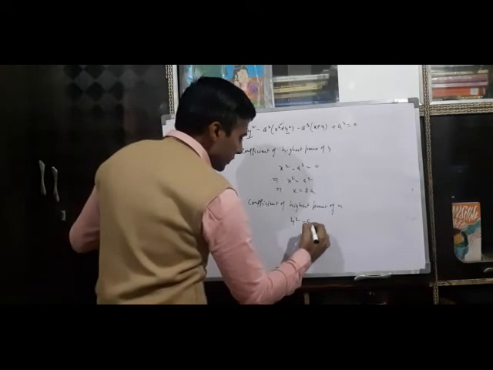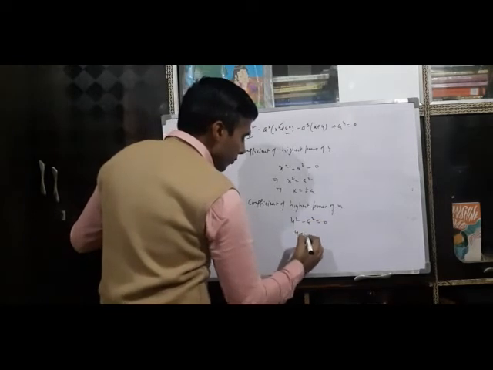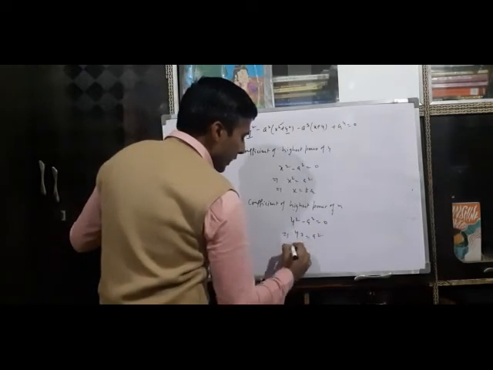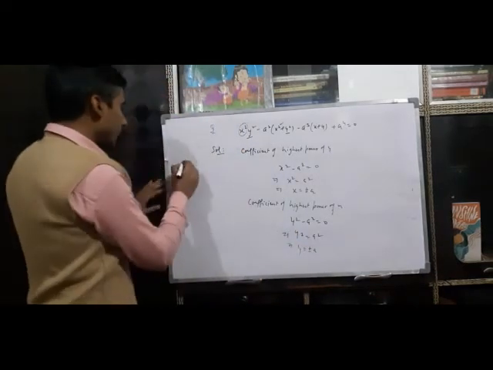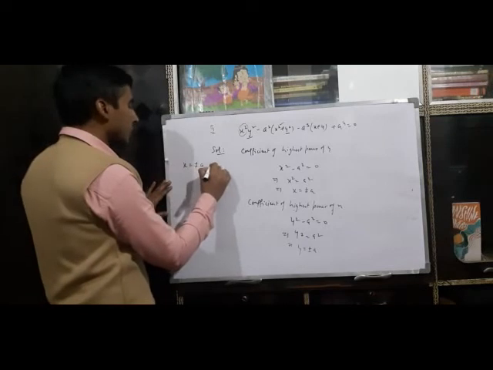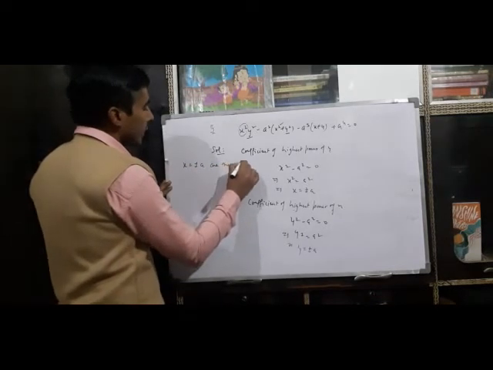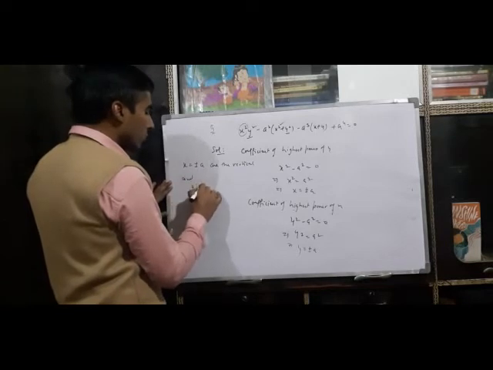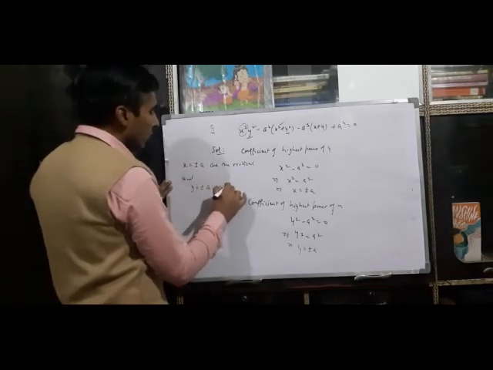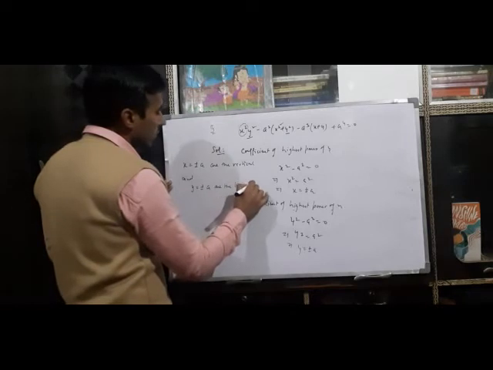So this is minus a square. So we get y square is equal to a square, and that implies y is equal to plus minus a. So we get x is equal to plus minus a are the vertical asymptotes, and y is equal to plus minus a are the horizontal asymptotes.